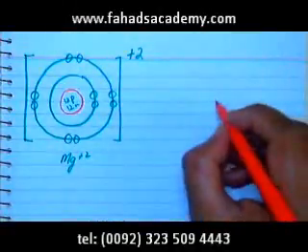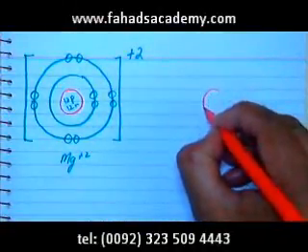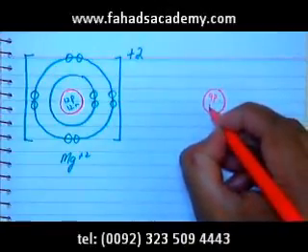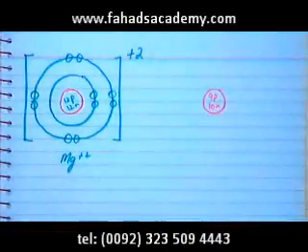Similarly, let's draw fluorine. It has 9 protons and 10 neutrons. That's fluorine.